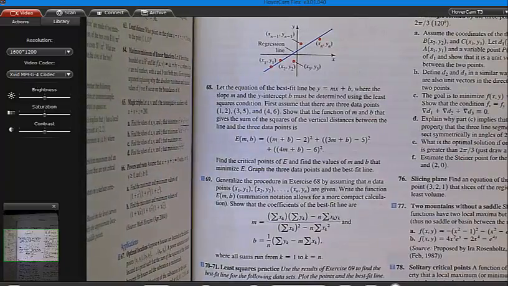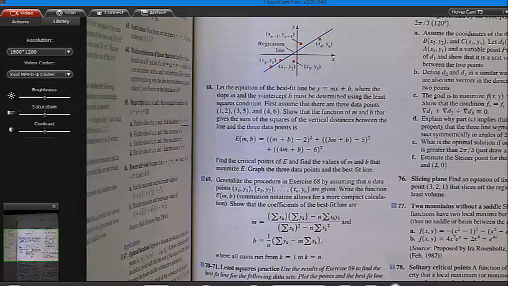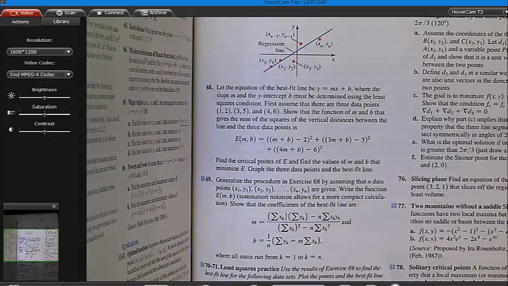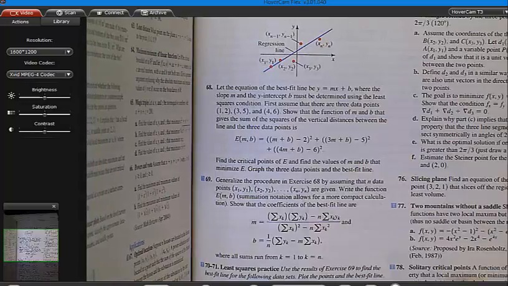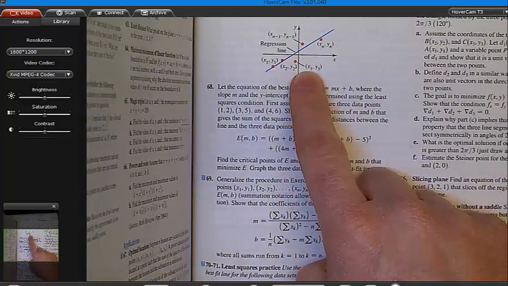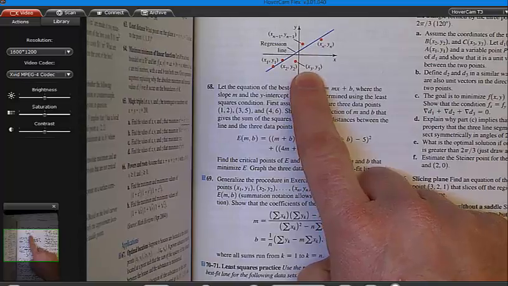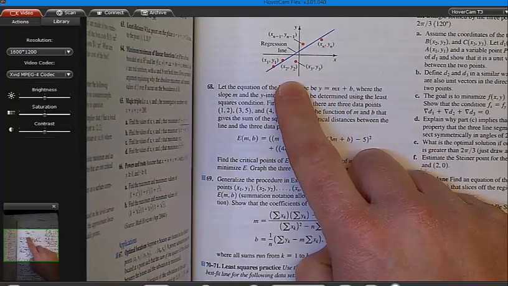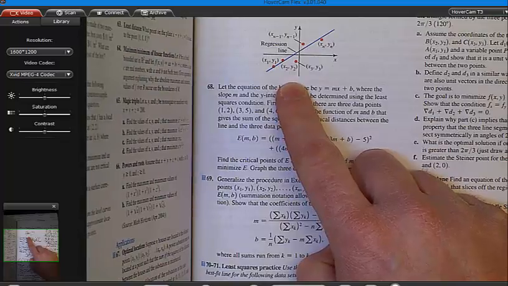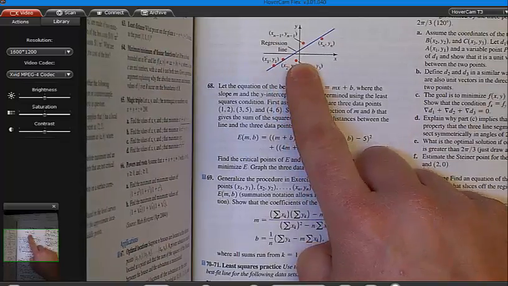I called it linear regression. The method of least squares is how mathematically you come up with the best fit line. Because is there a line that goes through all these points? No. But could it be that these points are described by some linear relationship? Could be. It's just that there's a little bit of error.